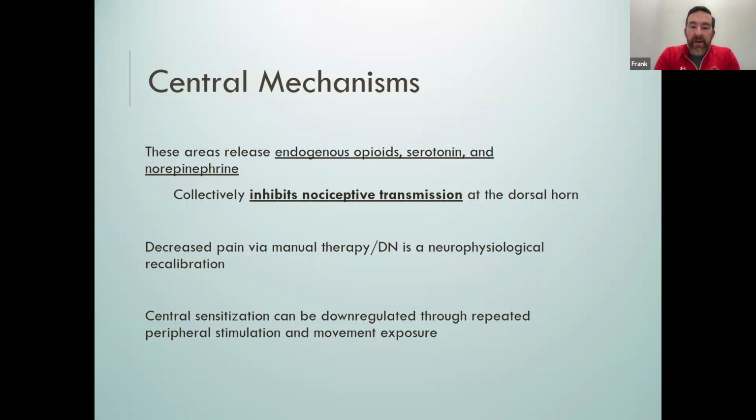We have this decreased pain via manual therapy and dry needling. It's a neurophysiological recalibration. And the other good thing is that you can downregulate central sensitization via repeated peripheral stimulation and movement exposure.